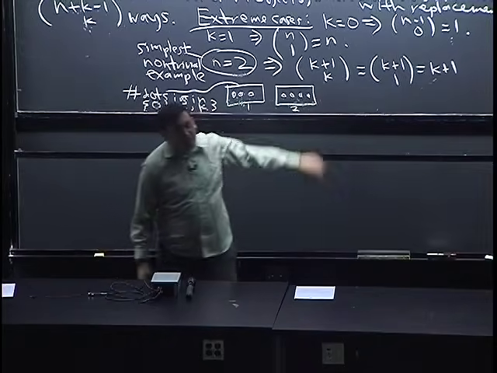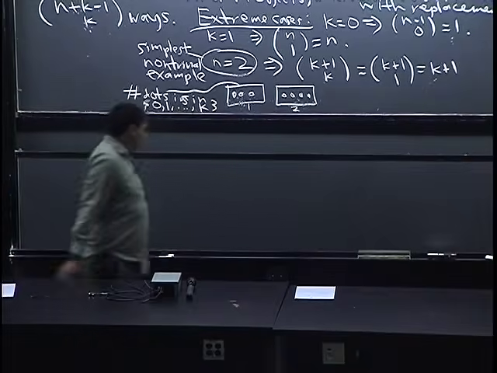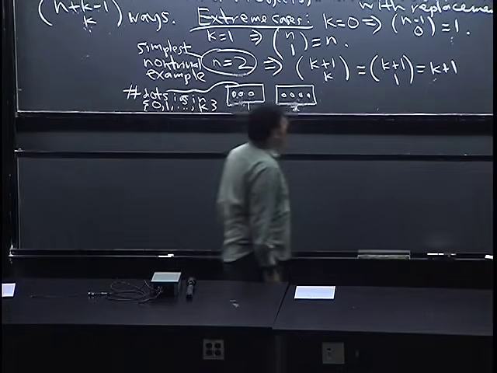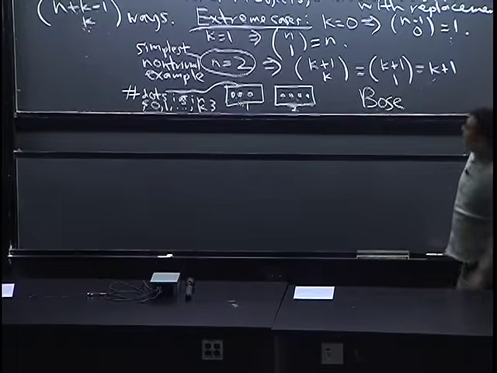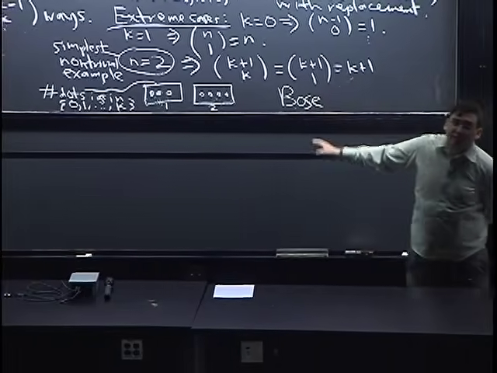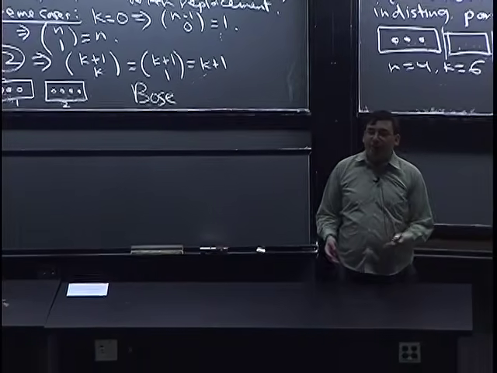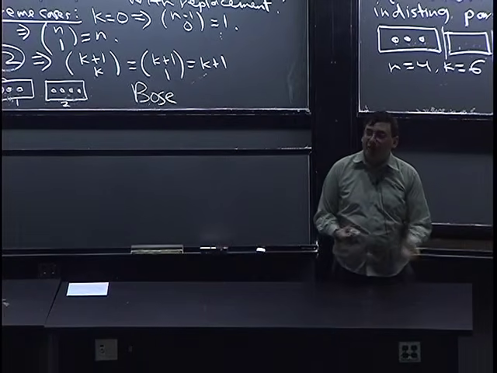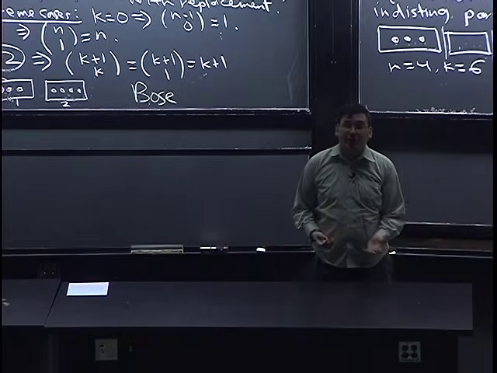A massive controversy in physics arose in the 1920s when a young Indian physicist named Bose proposed, not for coins, he was doing a particle physics problem, but what he was saying was equivalent for coins to saying that there are only 3 outcomes, not 4, and all are equally likely.